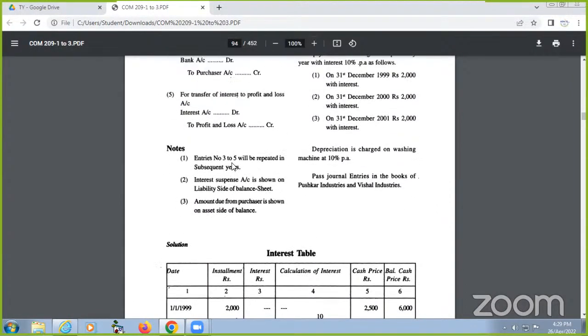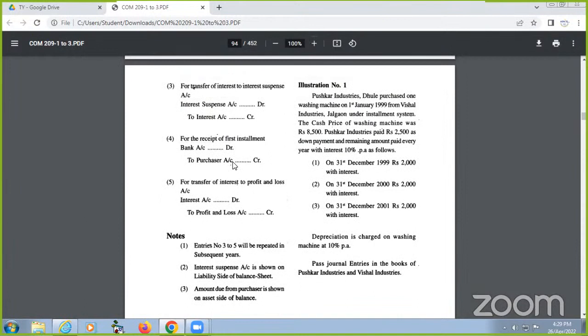So we just go through the problem. Pushkar Industries Dhule purchased one washing machine on 1st January 1990 from Vishal Industries Jalgaon under installment system. The cash price of the washing machine was rupees 8,500.